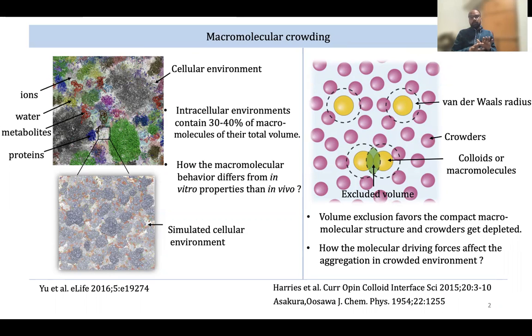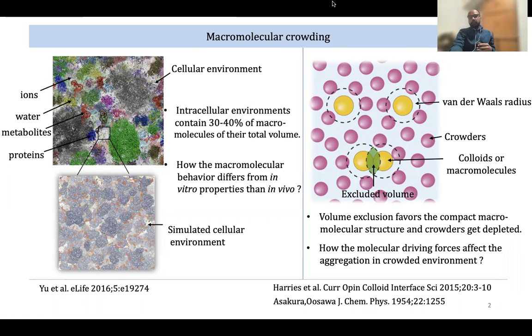There are several theories which try to explain the crowded environment, but the Asakura-Oosawa theory is one of the theories which first came in 1954 and is entirely based on depletion forces.